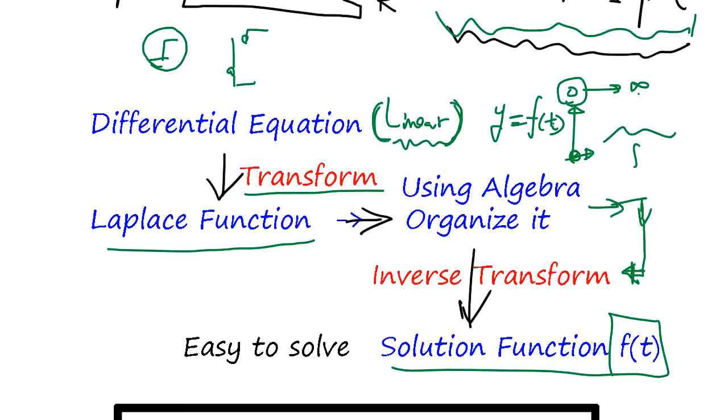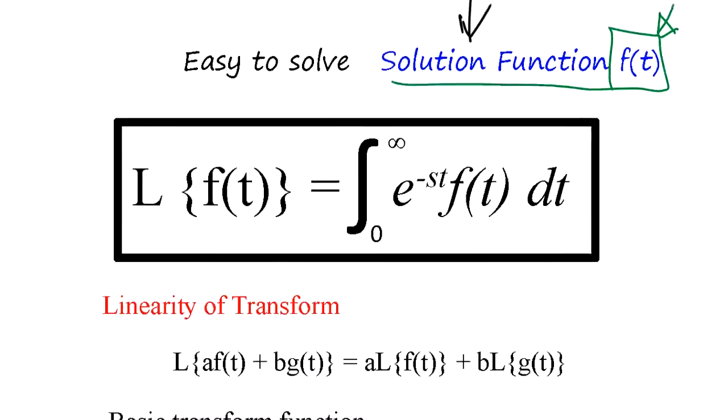So that's a function f(t) we want to know, but the equation is going to be a differential equation. So convert that by Laplace transform and use algebra to organize it. Then inverse transform it to get f(t). So it's a great help to solve the linear function.